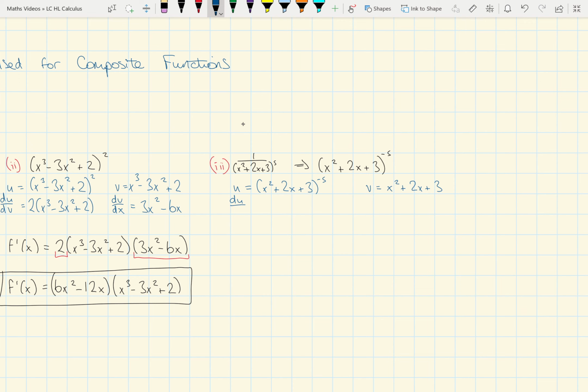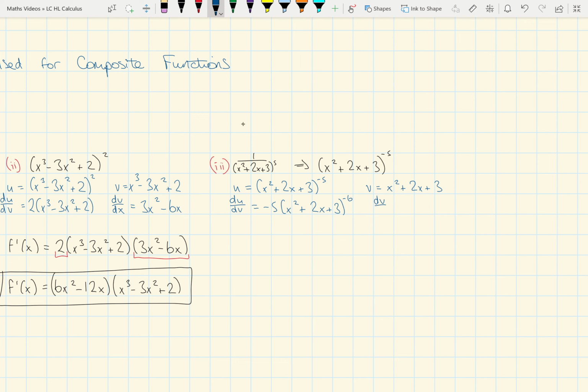So off we go, treat it as normal. Du dv, bring down your power, so minus 5 bracket x squared plus 2x plus 3 to the power of minus 5. This is where you need to be careful. So minus 5 minus 1 will give us minus 6.